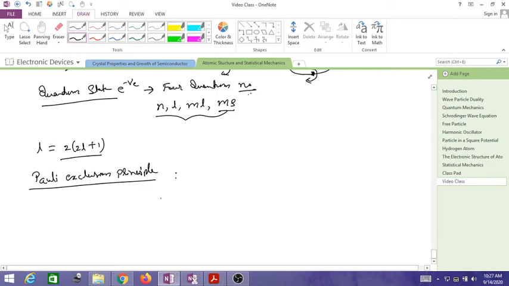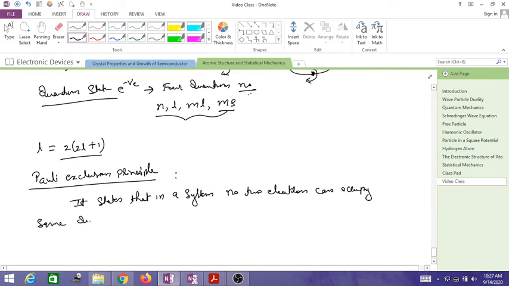So the Pauli exclusion principle states that in a system no two electrons can occupy the same quantum state.